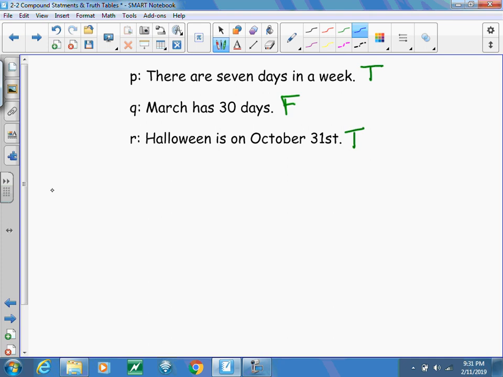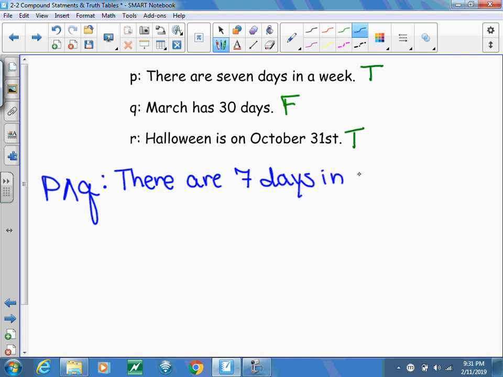And first of all, let's write a conjunction of P. Let's go P and Q. So if I wanted to take these two statements here, I would say there are 7 days in a week and March has 30 days.